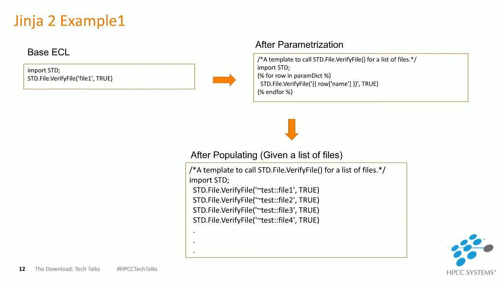In step 2, what you do is you replace the file with a handle that Jinja can understand, so that all your text remains the same, but then you can put this in a loop, and Jinja is able to inflate the template, and it can pick up all the parameters from wherever.